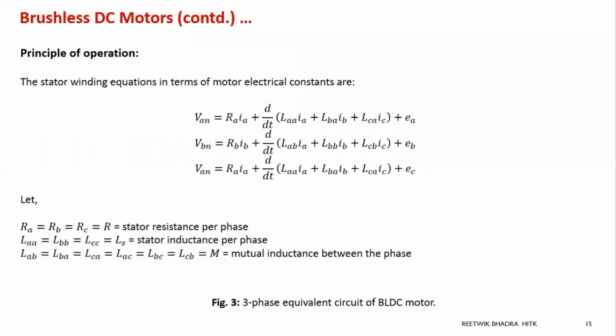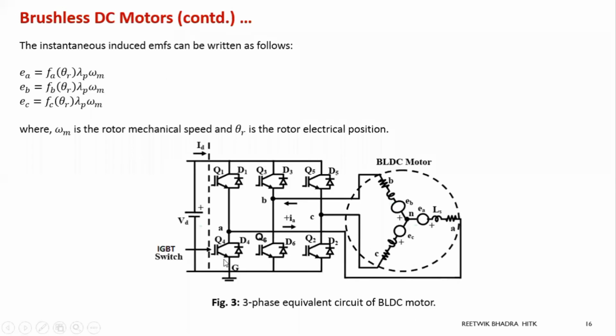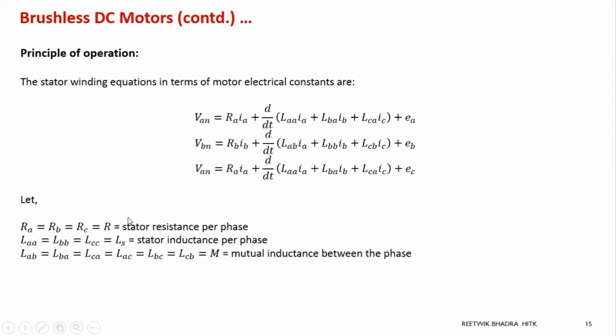So that's why we can write all these Laa, Lbb, which are the self inductances per phase, as Ls, and all these Ra, Rb, Rc can be written as R or Rs, whatever you want to write. And all the mutual inductances, Lab, Lca, Lcb, can be written as your mutual inductance, M. So you can express it in this way and generalize the equation.